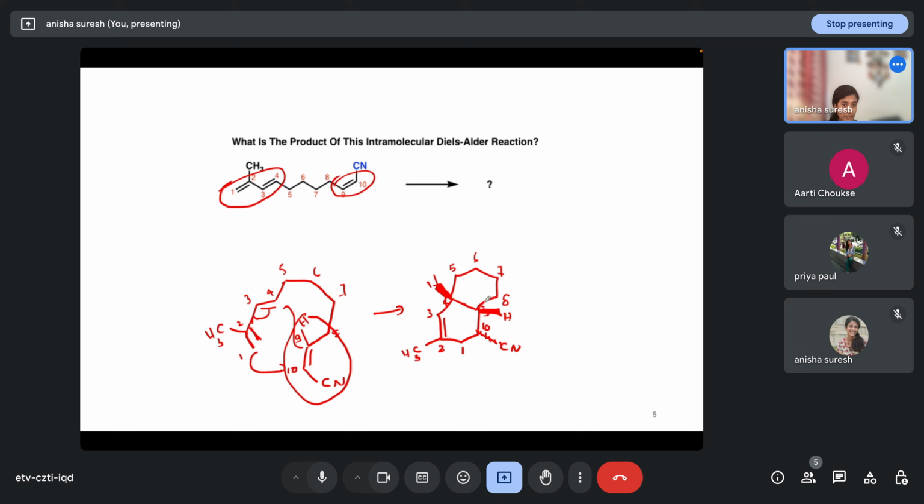So here this CN and this CH2 are coming cis to each other. Fine. Any doubts? No, ma'am. Okay.